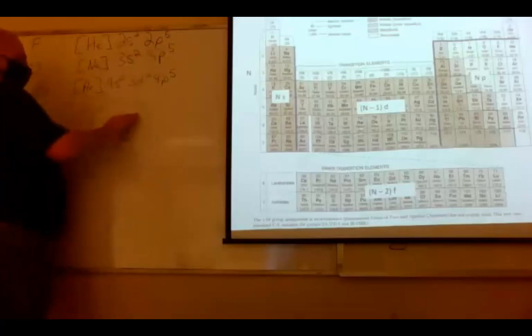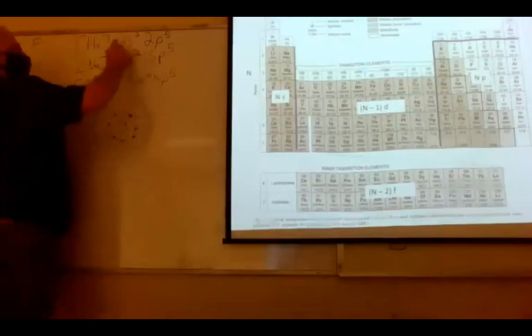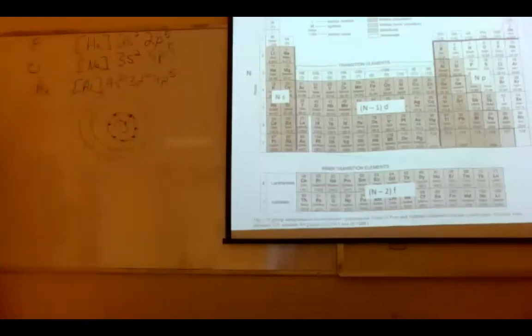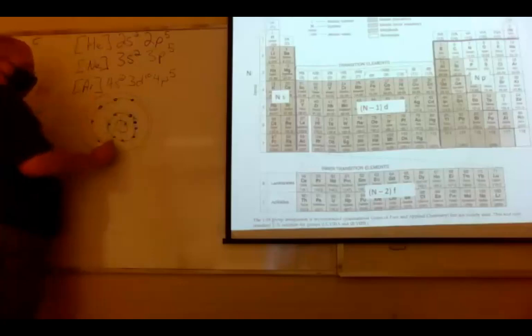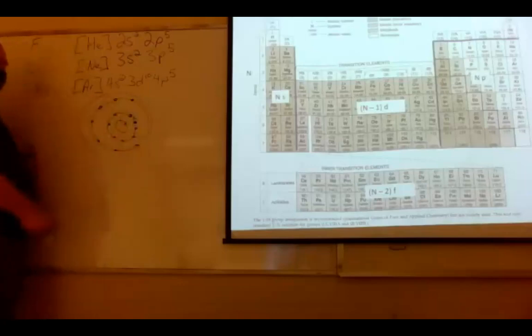So this one has 1, 2, 3, 4, 5, 6, 7 on that outside layer. That's fluorine. And when I look at chlorine, it says go ahead and fill this one up, and then you've got 1, 2, 3, 4, 5, 6, 7 on the outside layer.